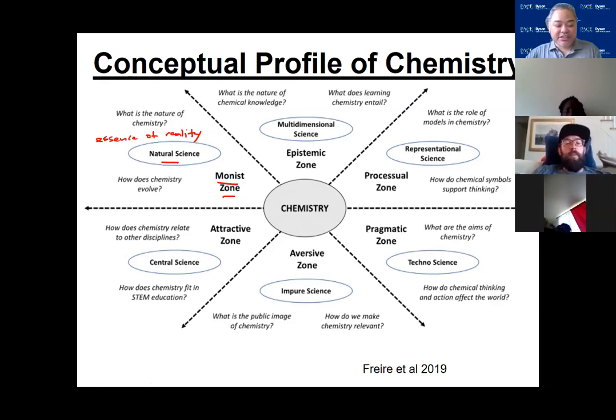Outside our consciousness, chemistry is omnipresent. Okay? So example ways of speaking, if you are in the monist zone: the essence of existence, all that we see, feel, or breathe, everything. Chemistry is made and is present since the creation of the universe. Okay? So that is the conceptual profile if you look at it in terms of monism.